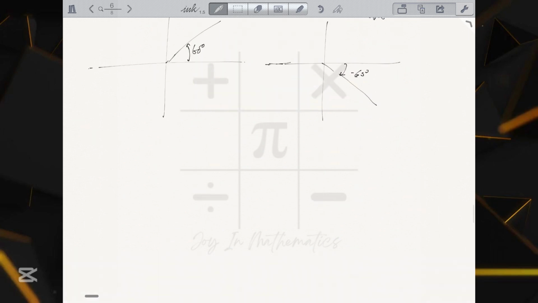Let's write that down. Positive angles, we have it in the anti-clockwise direction, and negative angles, we have it in the clockwise direction.